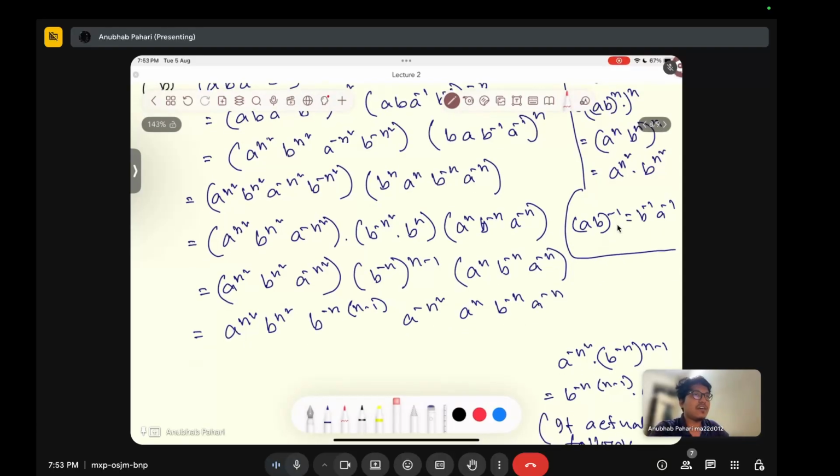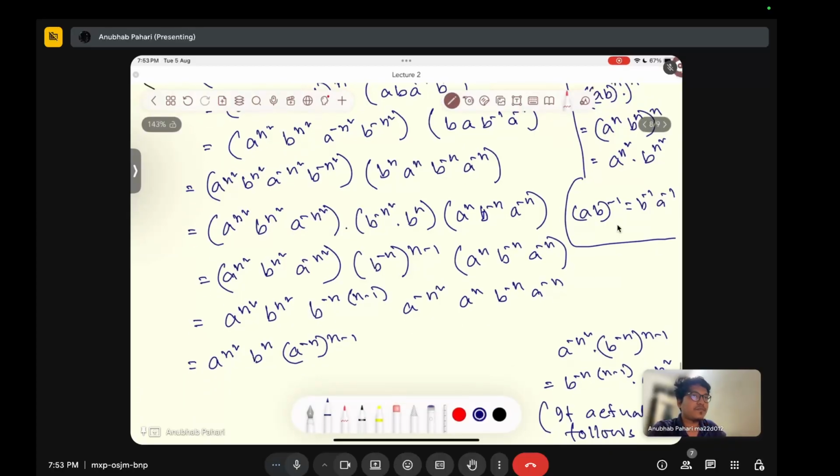So we have done till now this, that a^(n^2)... from here it follows that it should be n square b^n minus n to the power n minus 1. Again it is coming from this.